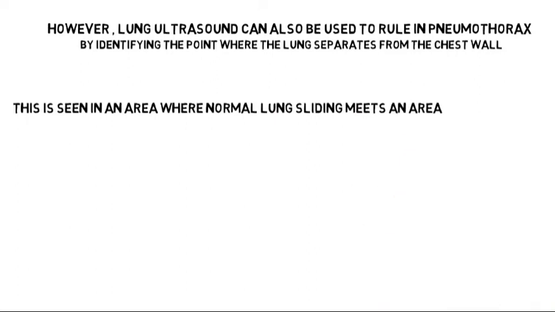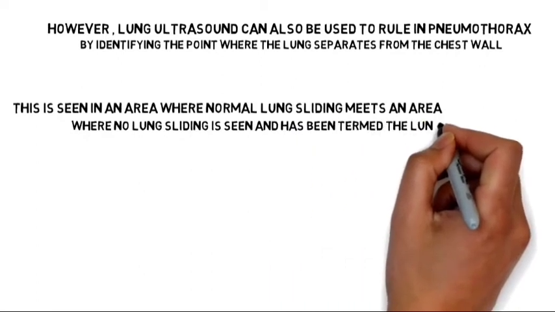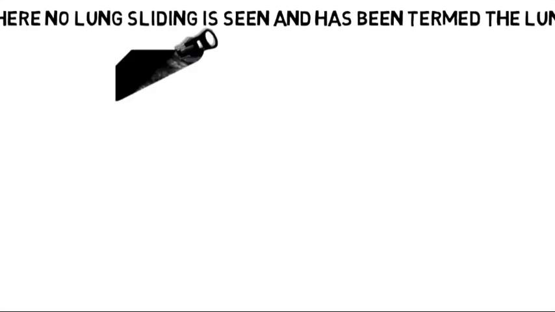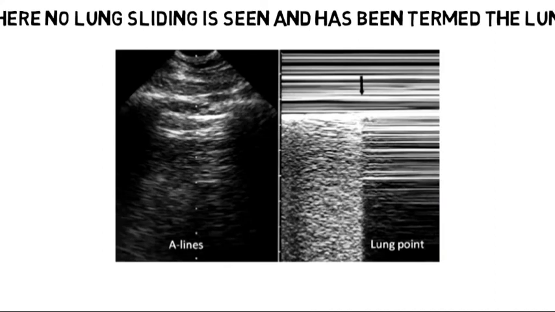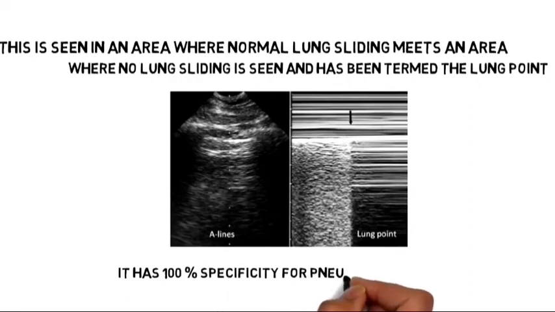This is an area where a normal lung sliding meets an area where no lung sliding is seen and has been termed the lung point. Lung point is highly specific for pneumothorax. It can be seen in mild to moderate level of pneumothorax, but in severe pneumothorax, lung point cannot be seen. It has 100% specificity for pneumothorax.